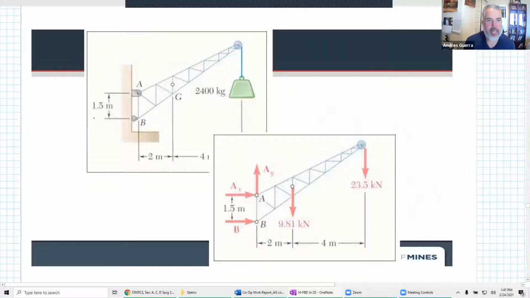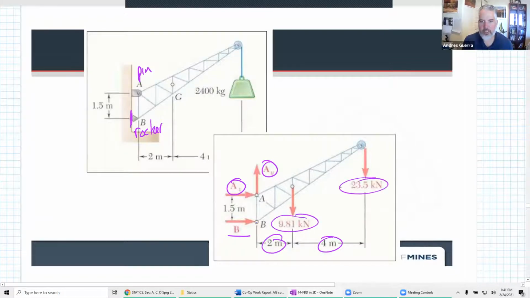So here's an example where A is a pin, B is a rocker, and we see our FBD. Well, a pin is going to have an X and a Y. The rocker is just going to have something perpendicular to the surface that it's connected to, so it ends up being a horizontal force. Notice that all the dimensions are given and all the forces are also labeled with their value right there.